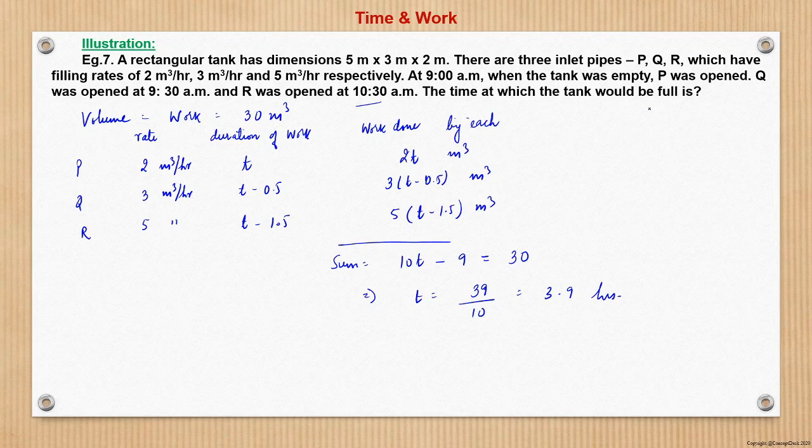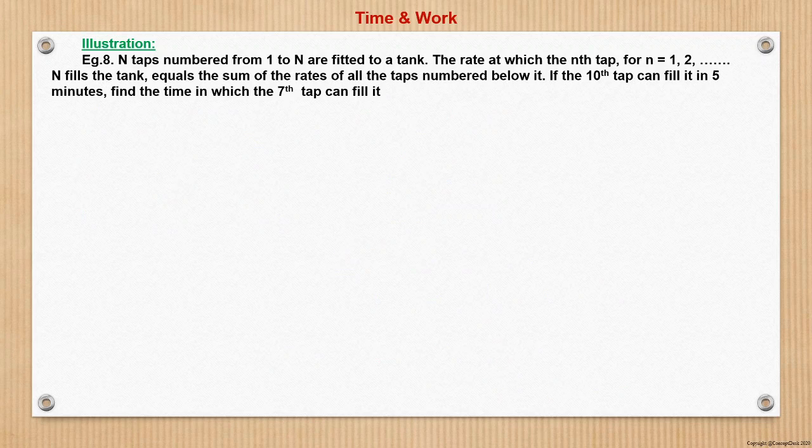So the time at which tank would be full, so time would be what? Time would be 9 plus 3.9 hours, so that is 3 hours 54 minutes, which is 12:54 p.m., right? This is the answer to this question. Moving to question number 8.